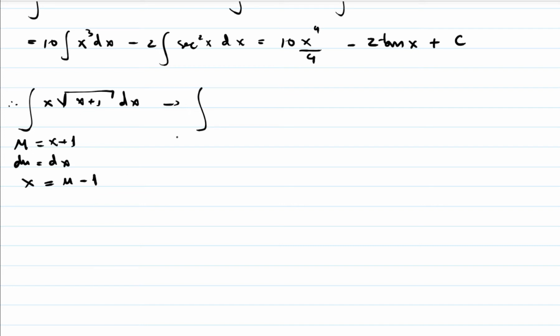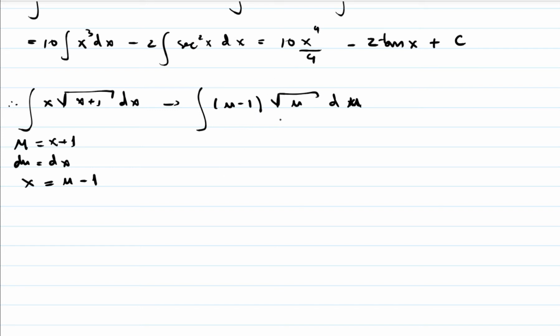Fine. So instead of that, we're going to write here u minus 1, and then here we're going to have square root of u, because the value of u is x plus 1, and then all of this is du, sorry. Now we're using another variable, du, in relationship with dx. Fine, this is what we get here.